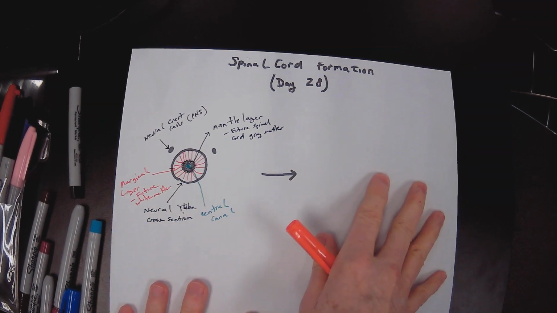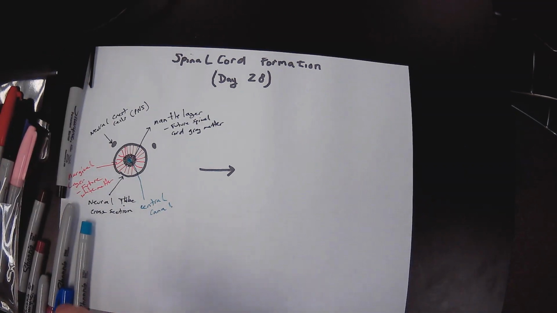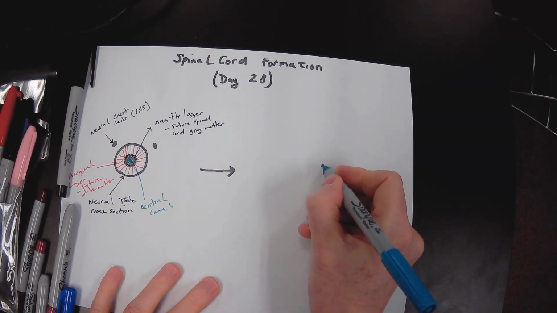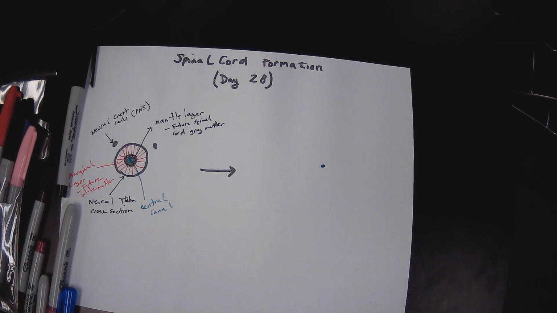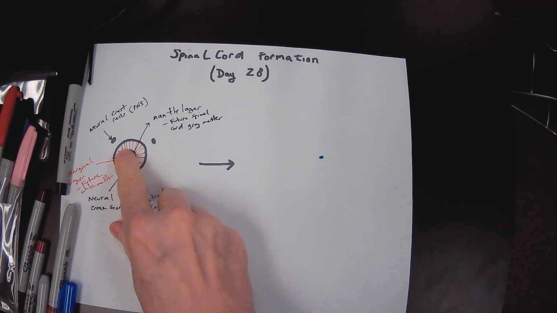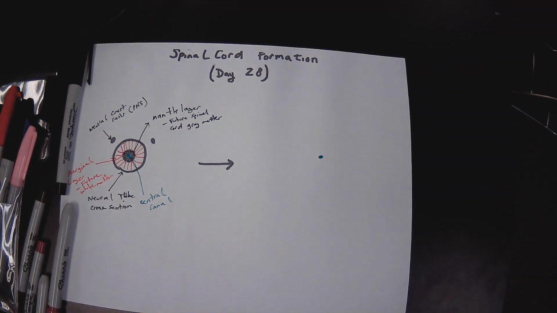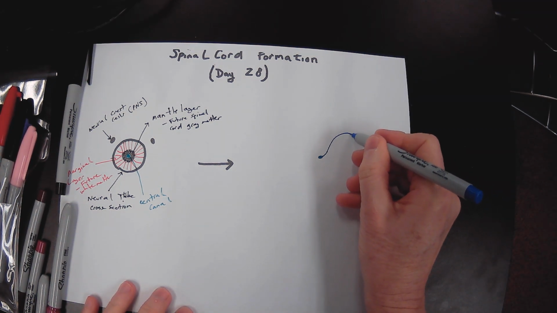Now moving to the right here, we're going to consider what happens. Here's your central canal here in the middle. Okay. And these neuronal cell bodies here that were surrounding the central canal, they start to divide. They start to divide very rapidly, and they actually form a structure that looks kind of like this.